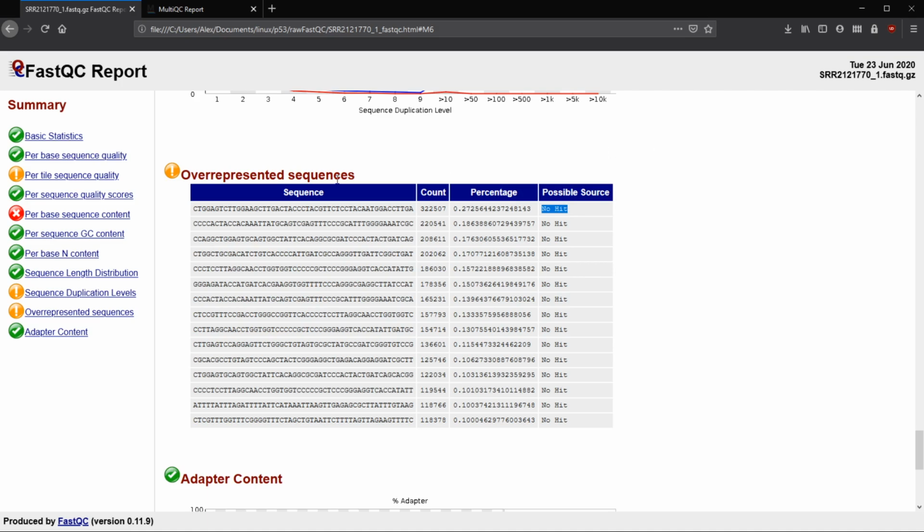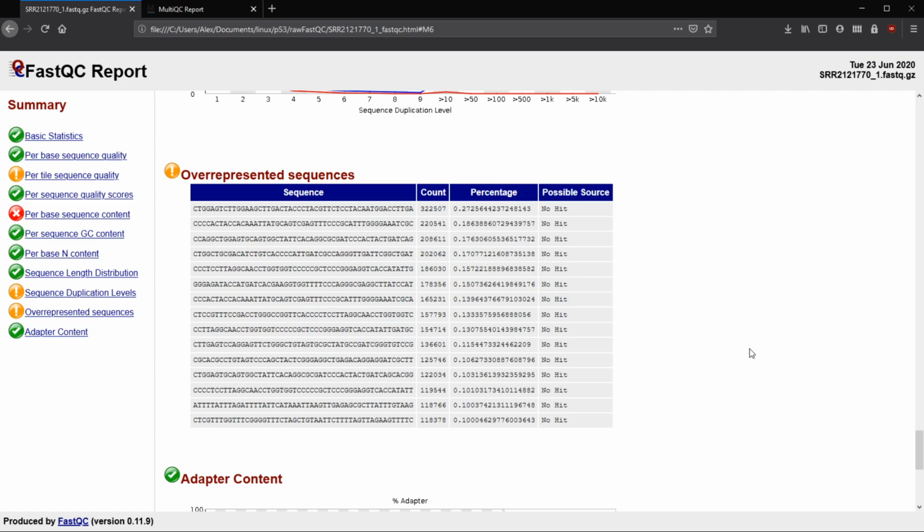But what FastQC will do is compare this sequence against a small subset of known sequences to see whether or not it can find a possible source for why this sequence is now overrepresented. But the most we had is 0.27%, and the least that shows up here that's considered overrepresented is 0.1%. So like above.